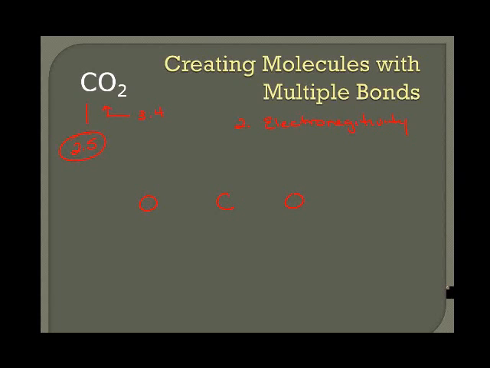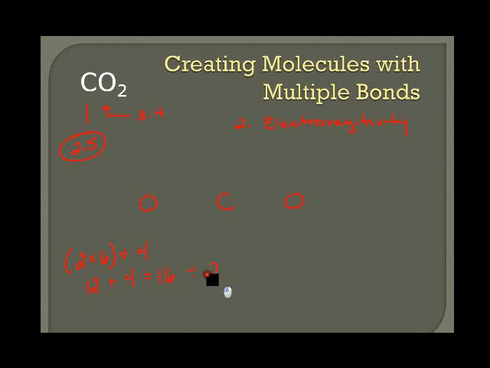Step number 3 is to determine our total number of valence electrons. So we have 2 oxygen atoms, each having 6 valence electrons, plus carbon's 4. 2 times 6 is 12, plus 4 means that we have 16 total valence electrons.